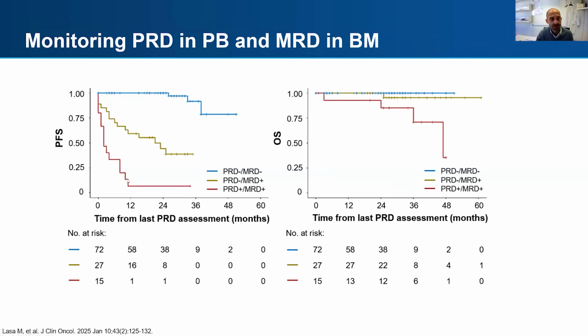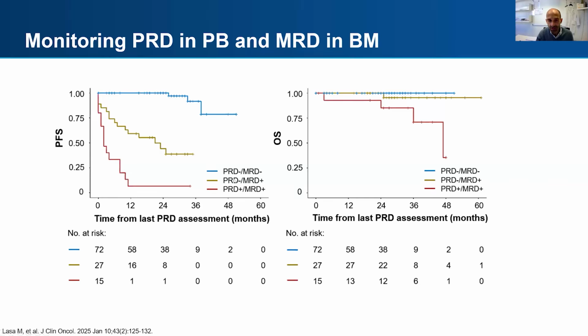As I alluded before, these patients have inferior outcomes. And then we have a third patient subgroup with intermediate outcome, defined by a negative result in the blood while positive in the marrow.